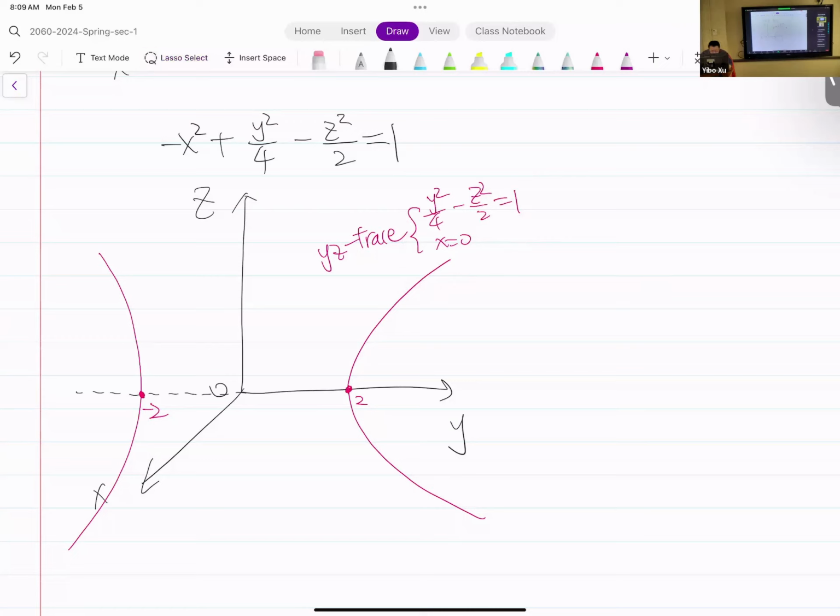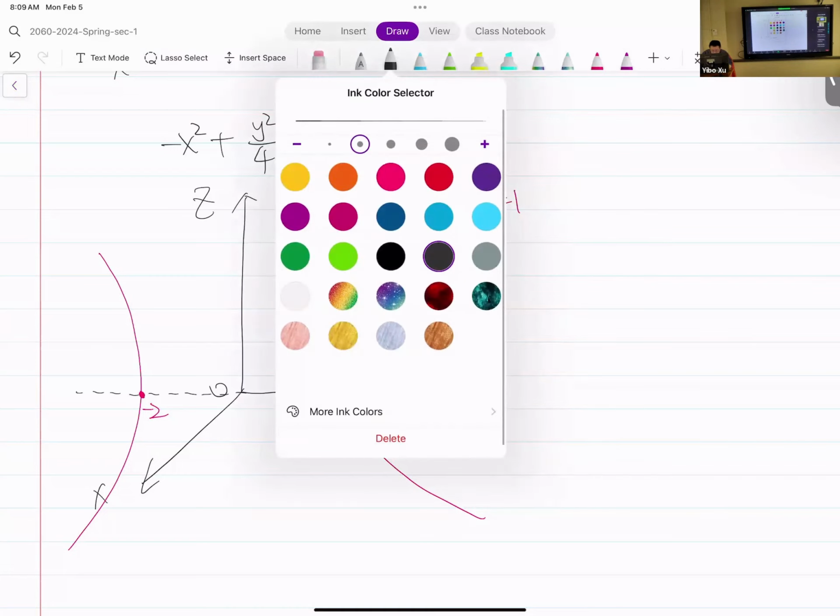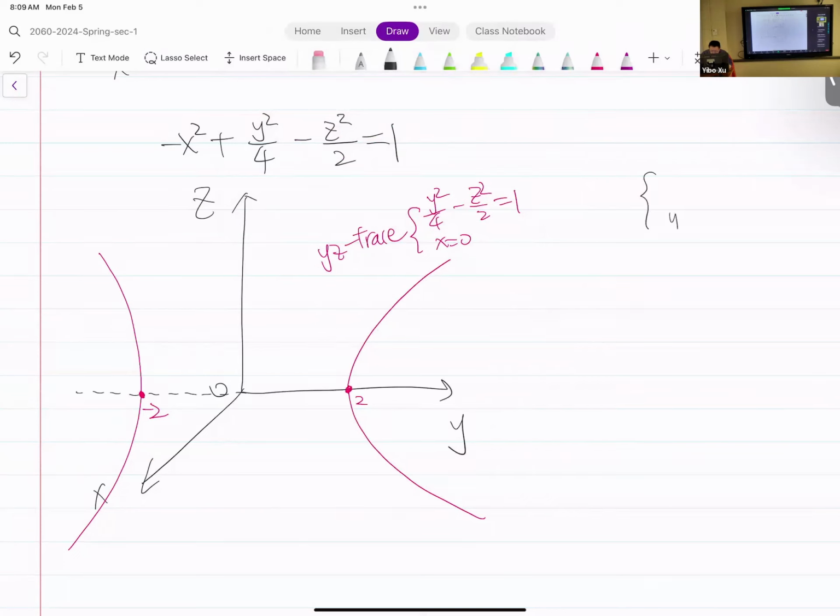Now, if we make y equal to 0, it's somehow not making sense, because if you just make y equal to 0, what do we have? We have negative x squared minus z squared over 2. So the left-hand side looks to be non-positive, right? But the right-hand side is 1. So this doesn't even make sense. If you had, say, negative 100 or something on the right-hand side, then okay, you have an ellipse.